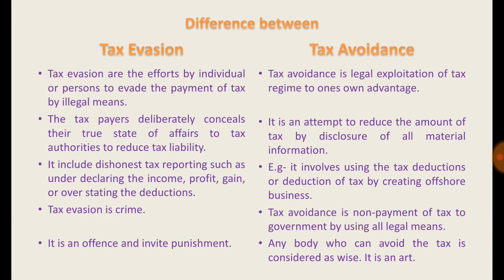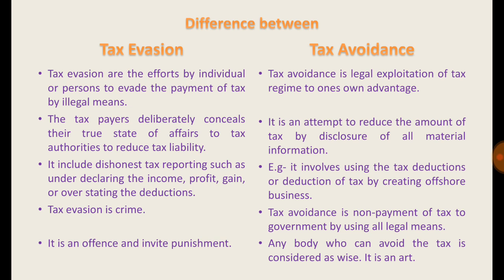The person who is liable to pay tax adopts an illegal way to reduce the payment of tax or to avoid the payment of tax. But in case of tax avoidance, it is a legal exploitation of the tax regime to one's own advantage.